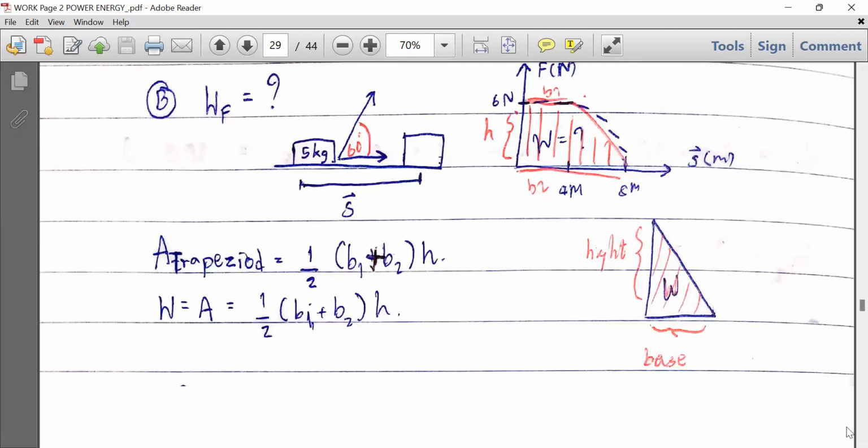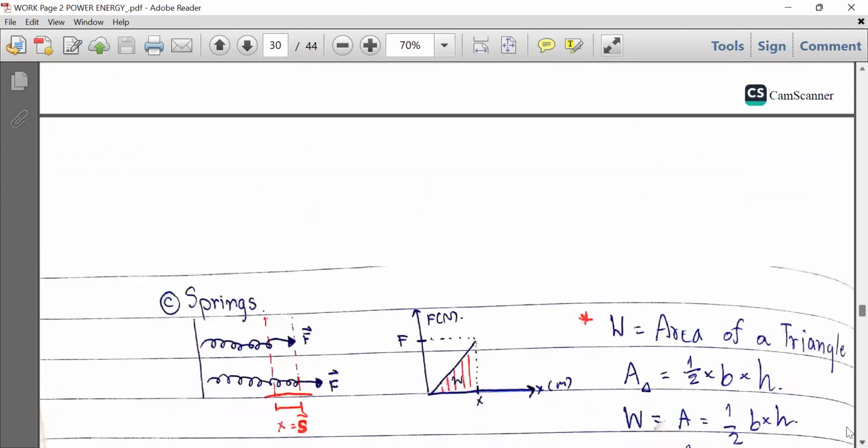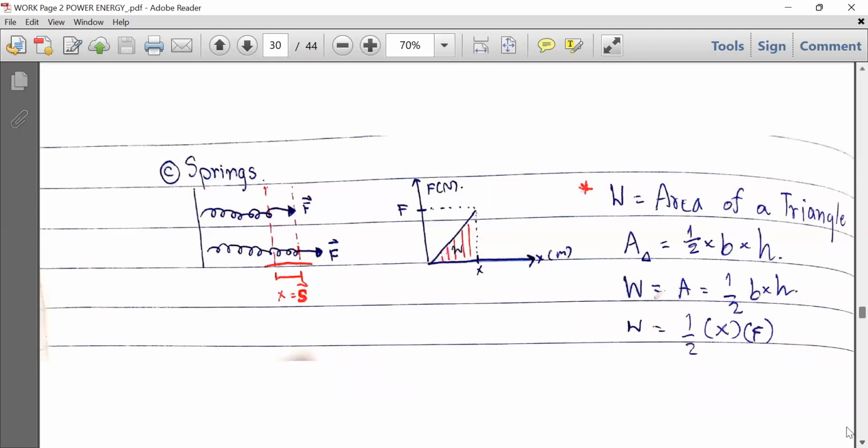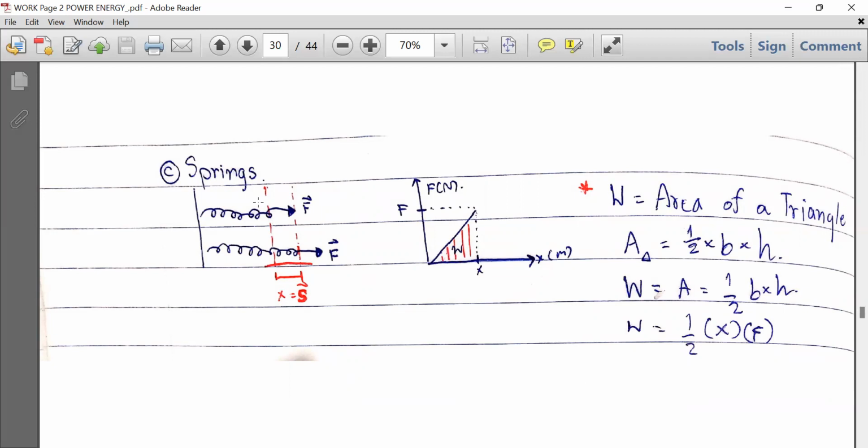So how about this one? How about if the force is applied on a spring like this one? Okay, like in this illustration. If you apply a force and stretch this spring, there will be an elongation here.